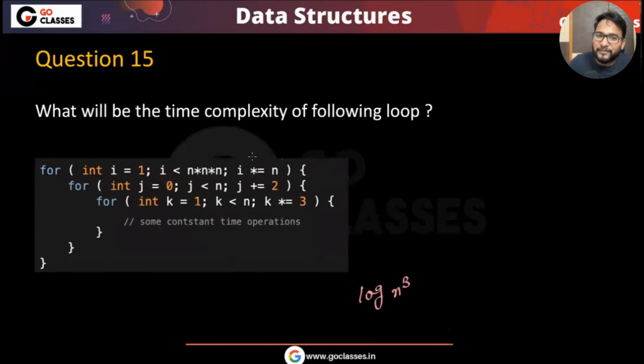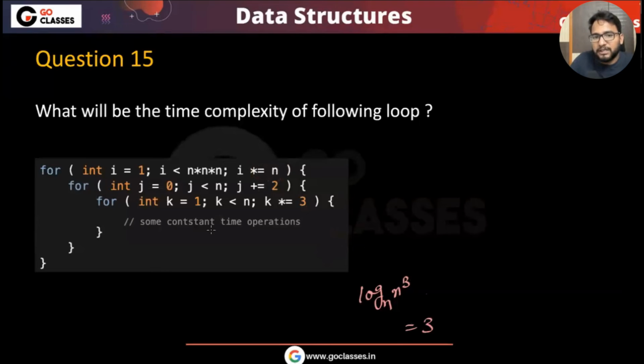But interestingly, it is multiplication by n. So the base also is n. Which is 3. Just 3 times. Because here whatever is in the multiplication comes as the base. If you're multiplying by 3, then it is log base 3 n times. If we are multiplying by n, then it is log base n of n cube times.